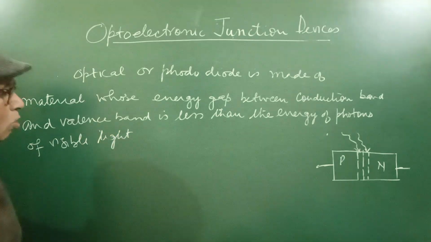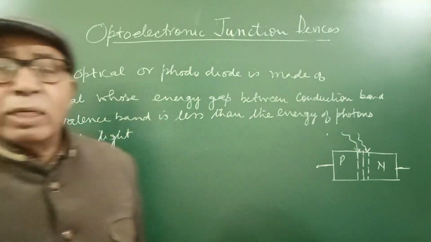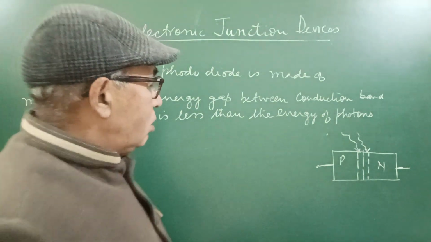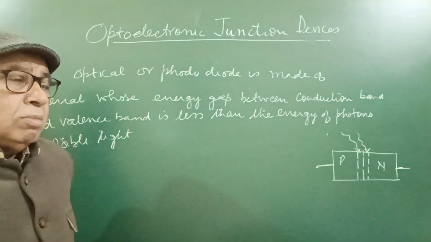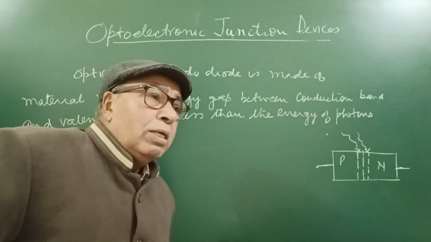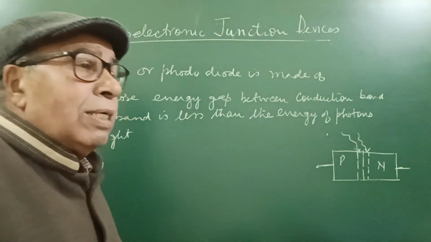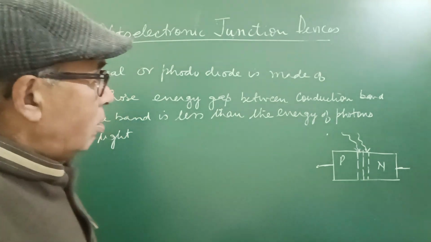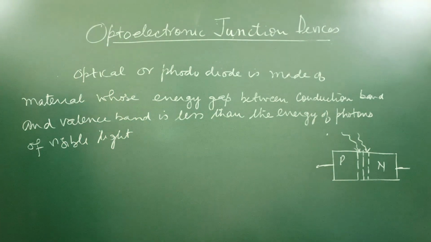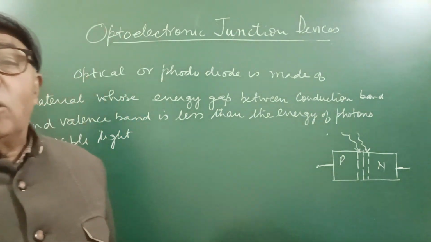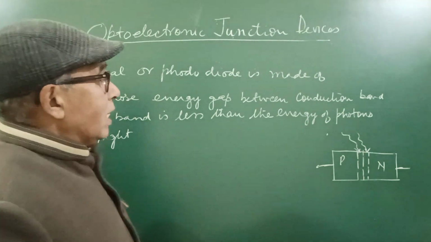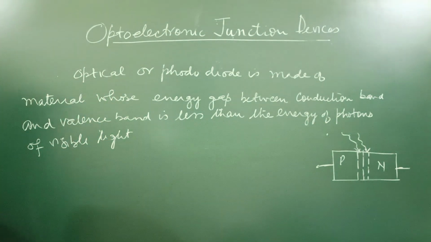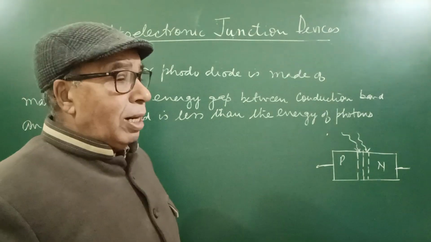I have already told you that the working of these diodes is based on photoconductivity, and photoconductivity is possible if the energy gap between valence band and conduction band of the semiconductor is less than the energy of photons of light falling on it.